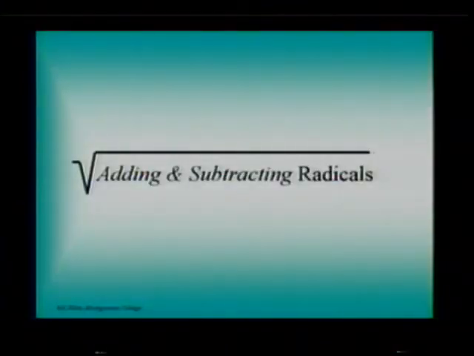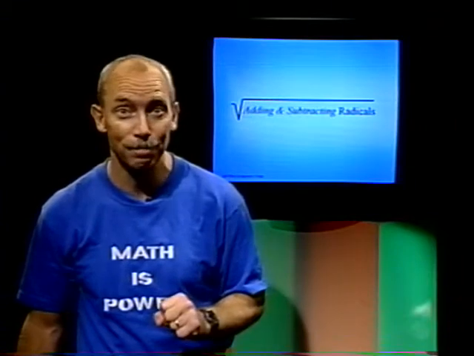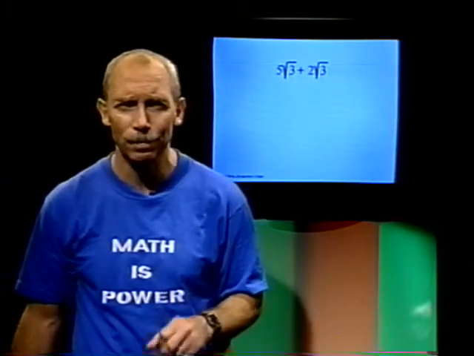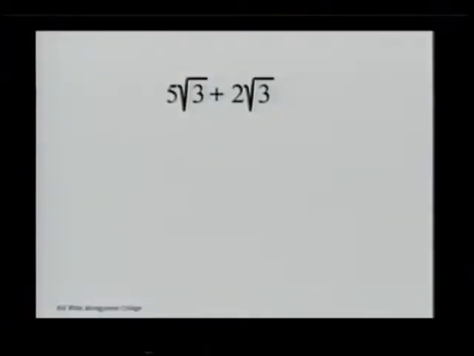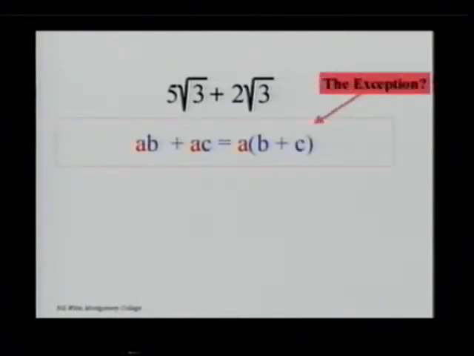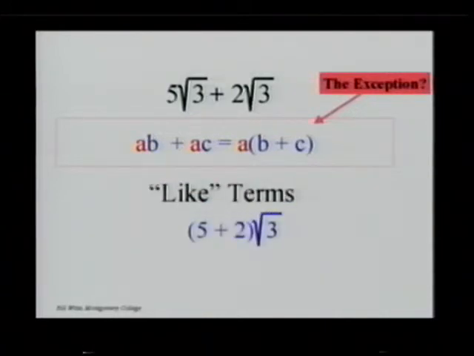Now if we want to add and subtract radicals, they have to be alike, and they should be simplified. So basically what we're looking at here is just more of the same. Let's take a look. For instance, 5 times the square root of 3 plus 2 times the square root of 3. These are alike. We have that like term, the square root of 3, so we can just put them together and we get 5 plus 2 times the square root of 3, or 7 square root of 3.